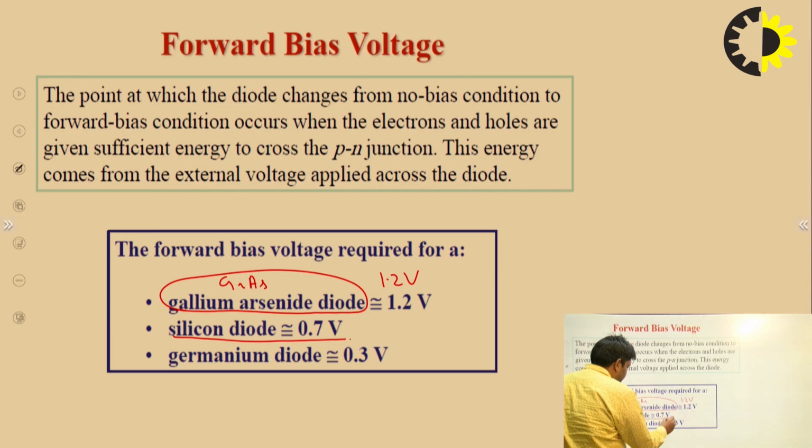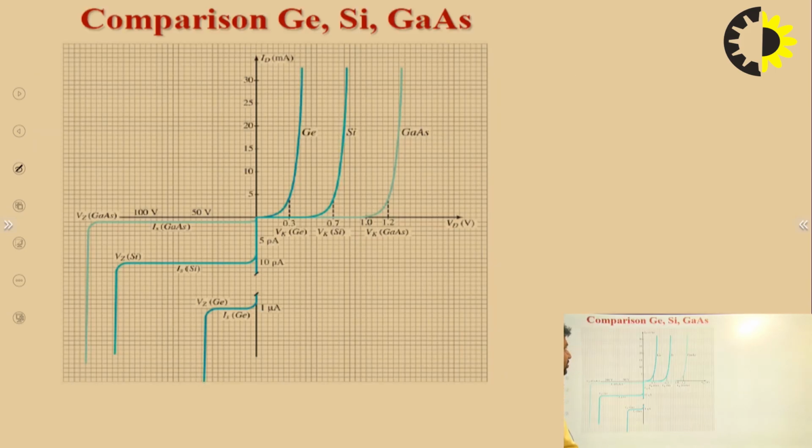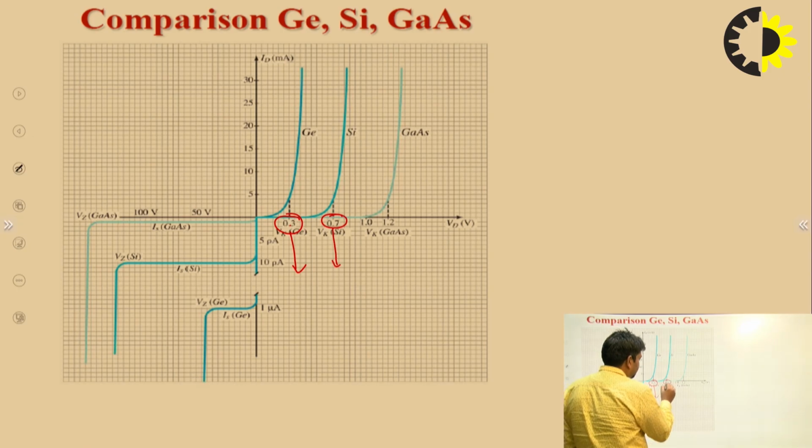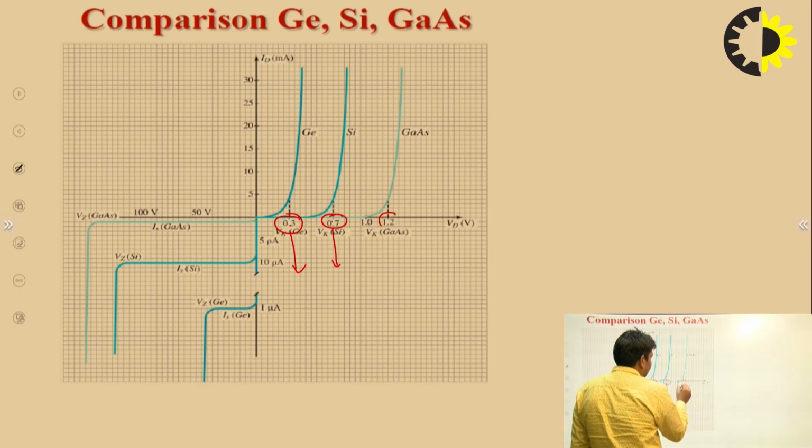For silicon, this is 0.7 volt. For germanium, this is 0.3 volt. So this is the comparison of germanium, silicon and gallium arsenide. We can easily differentiate them by their cut-in voltage, because germanium has a cut-in voltage of 0.3 volt, silicon 0.7 volt, and gallium arsenide 1.2 volt.